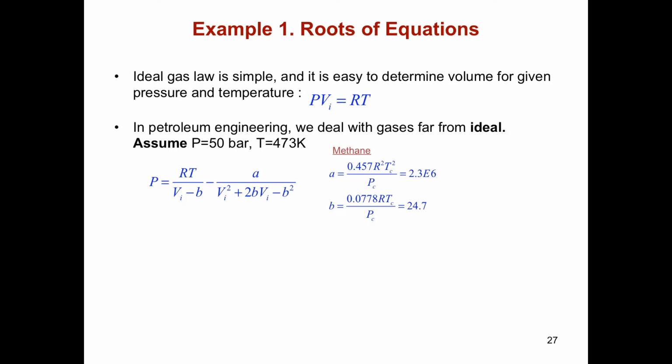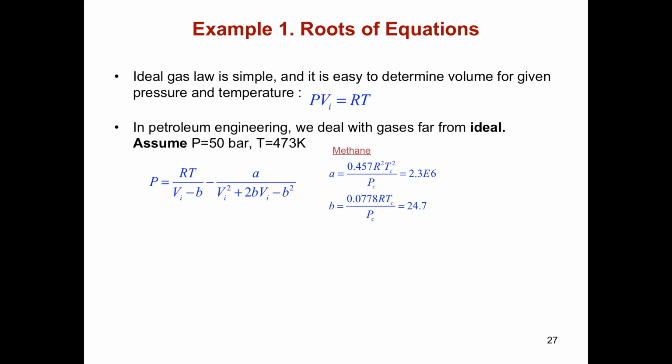Let's say that I'm interested in a pressure of 50 bars and a temperature of 473 K. What is my volume that solves this equation for this pressure and this temperature?